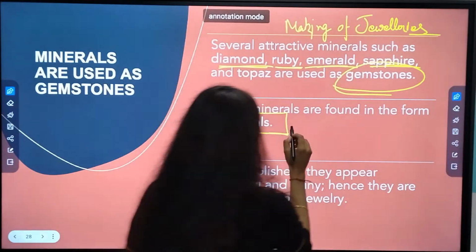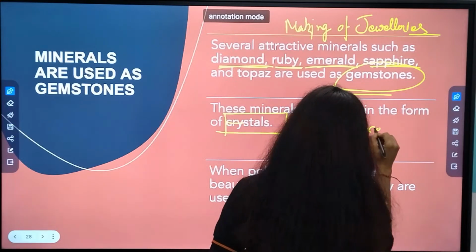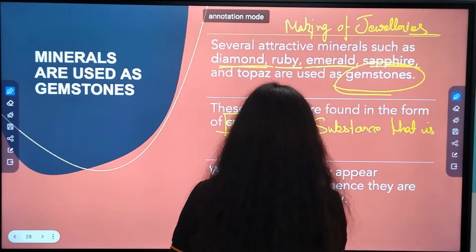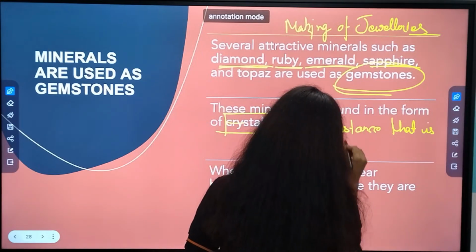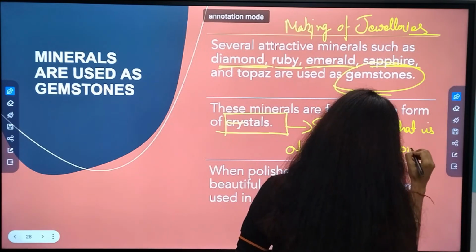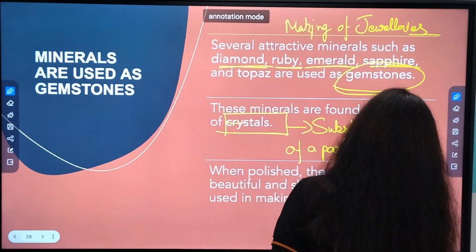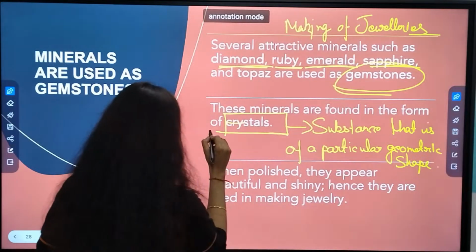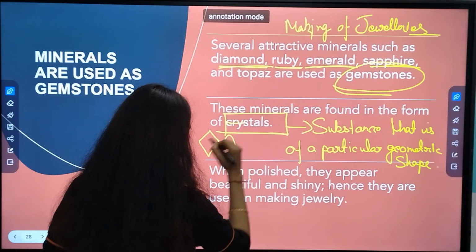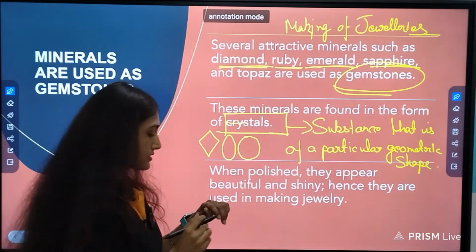What is a crystal? Crystal is a substance that is of a particular geometric shape, often like this or like this or like this.